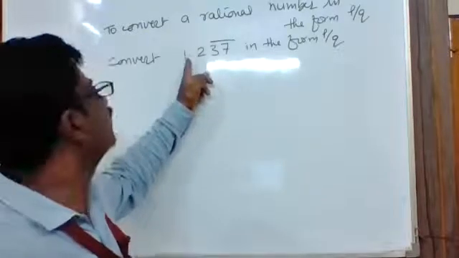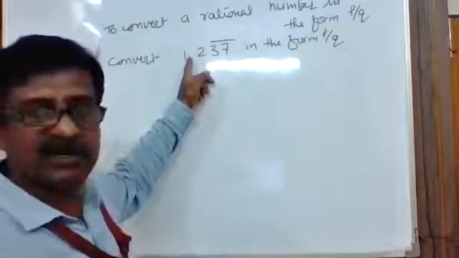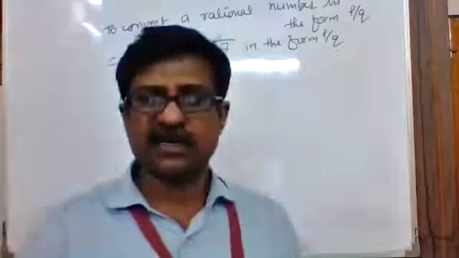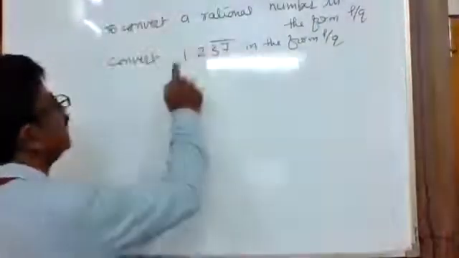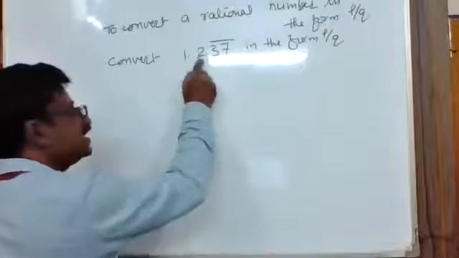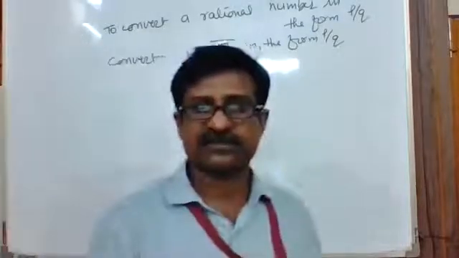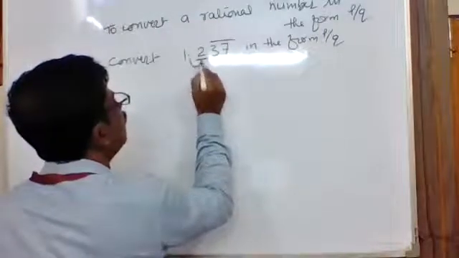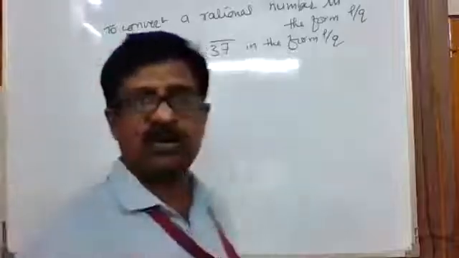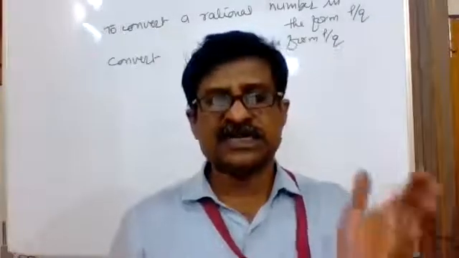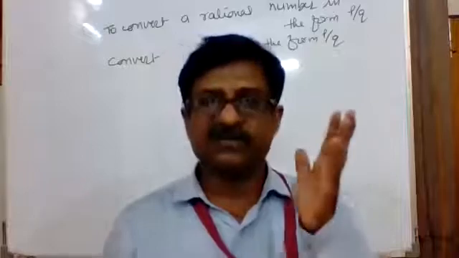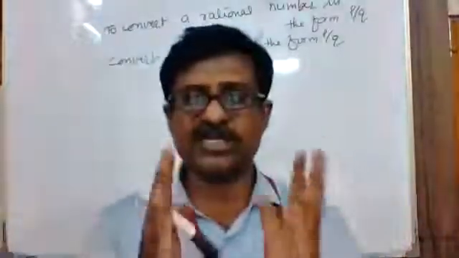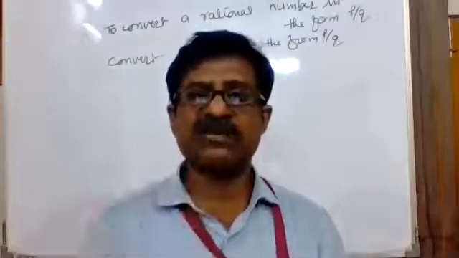The decimal is just after one digit, 1 point. After the decimal, we see how many digits don't have the bar. We got only 1 digit, 2, which is not having the bar. Second thing we see, after the decimal, how many digits have the bar? These are the two things you have to keep in mind, and after that the questions will be easily solved.